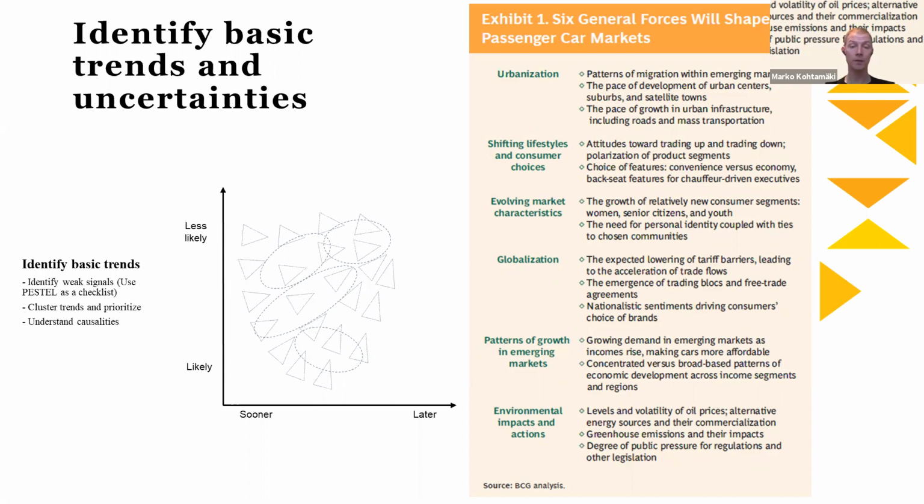How can we group these trends? Some trends may be more relevant sooner, some later, some less likely, some more likely. But let's say that we would have university and the digitalization as one.